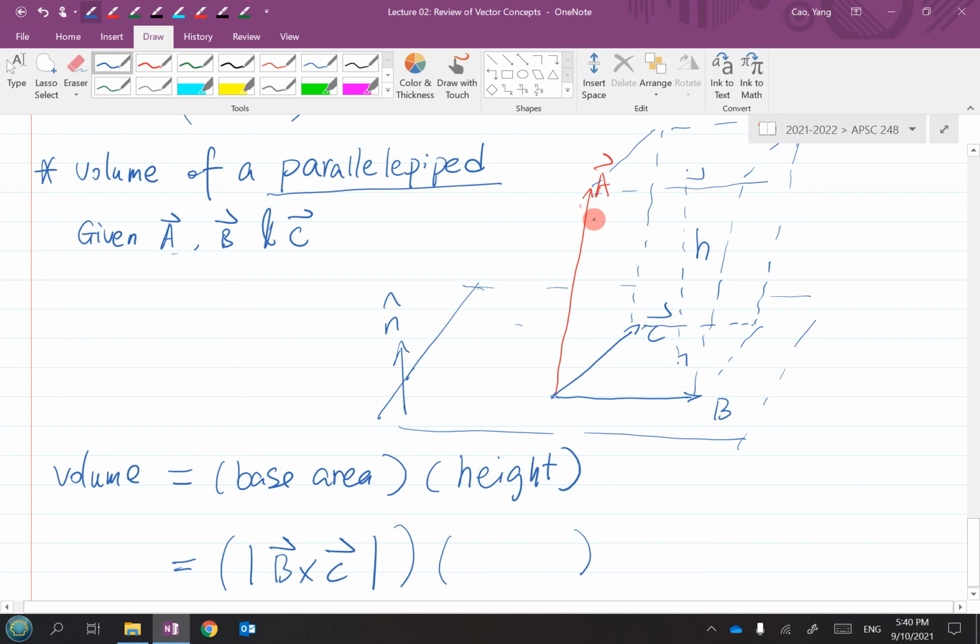So how do I get the length of the projection of A onto n hat? What dot what? Absolutely, A dot n hat. So if I temporarily give you the symbol n hat, then you can get the height with A dot n hat. Good?